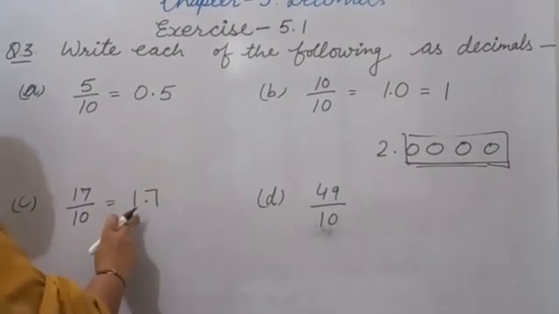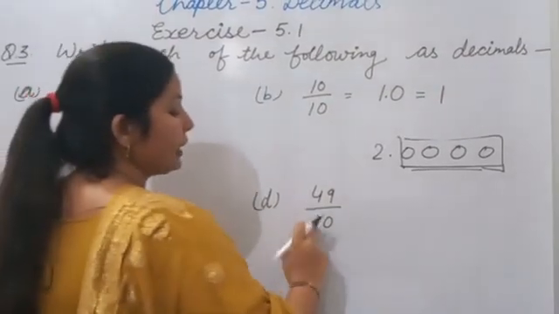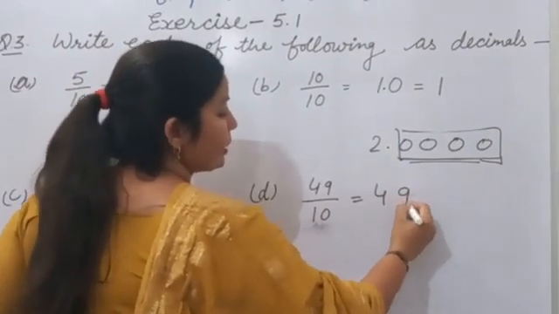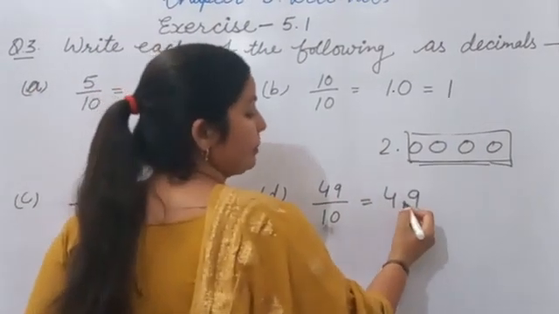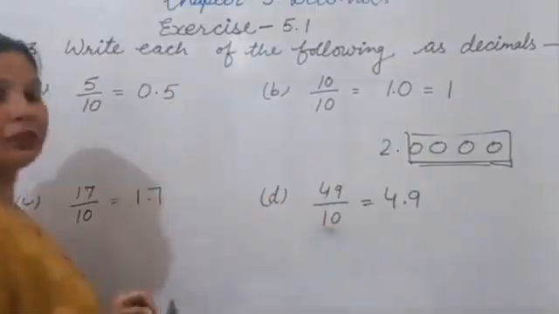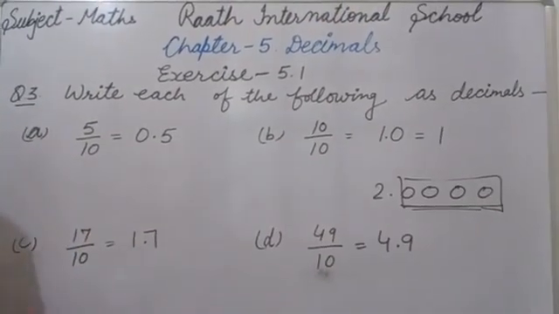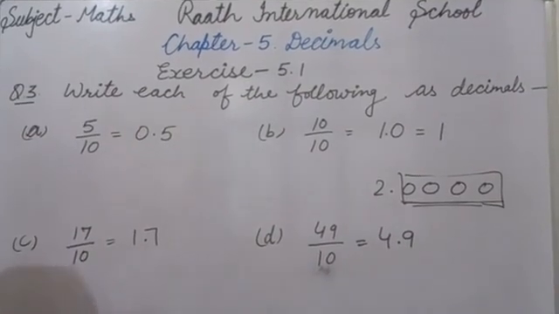So it becomes 1.7. Now next is D part, 49 upon 10. So first of all the numerator as it is, 49. Now upon 10. 10 means after one digit we take a decimal. So it becomes 4.9. So like this you will do. Okay. E and F parts you will do yourself. Like this you will complete. Okay. 5.1 exercise is complete.